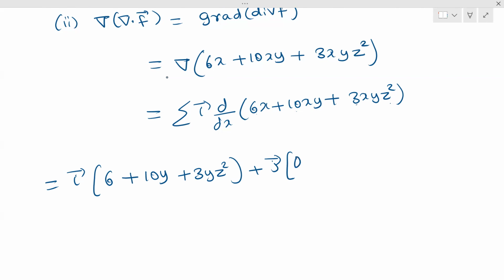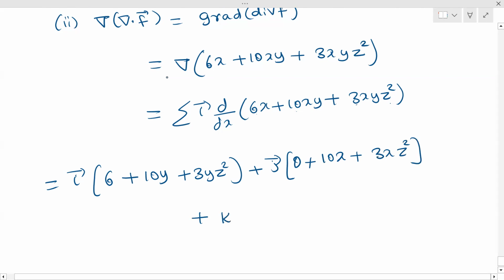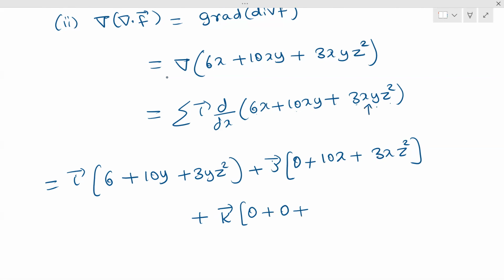First term is 0. Second term, 10x constant, y differentiation 1. Third term, 3x z square, y differentiation 1. Plus k vector into dou by dou z. First term 0, second term also 0. Third term, 3xy is constant, z square differentiation 2z. So we will get 6xy z.